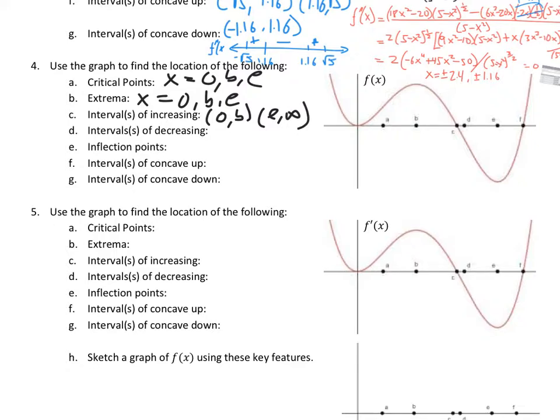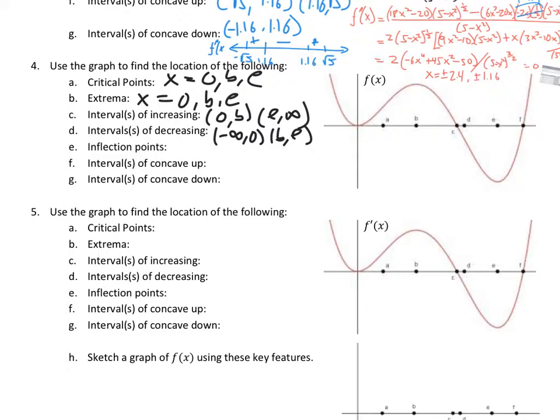All right, that's this guy right here. Okay, increasing. Decreasing is on these sections right here, and so that's going to be at negative infinity to 0 and B to E. All right, so going downhill.